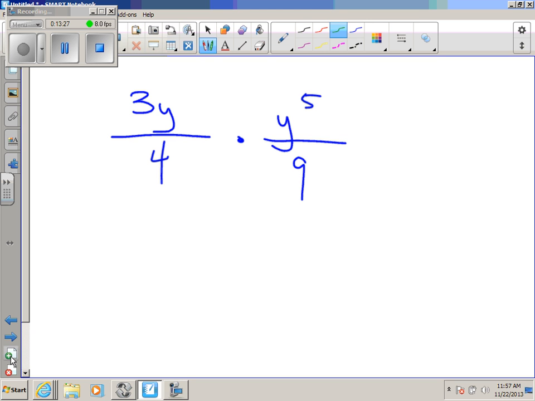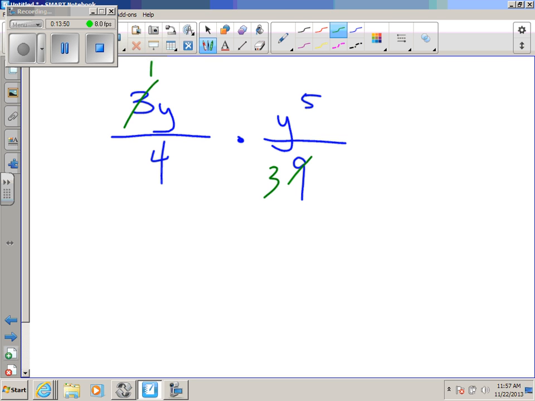Now we'll just look diagonally. We will treat the integers separately than we'll treat the variables. So when I look at a 3y and a 9, I can divide them both by 3. So that'll make that just a 1y, and that'll make that just a 3. Notice I didn't do anything with the y.